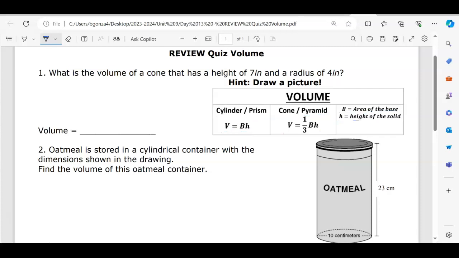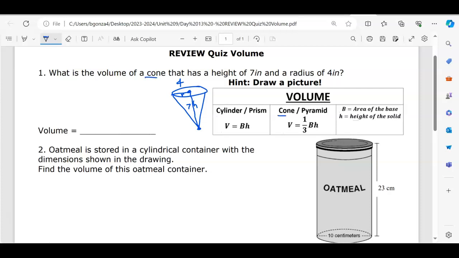Let's do this. Number one. What is the volume of a cone that has a height of 7 inches and a radius of 4 inches? So if I have a cone, remember cones are pointy, has a height of 7 and a radius of 4, okay, and I want to find the volume of that cone.